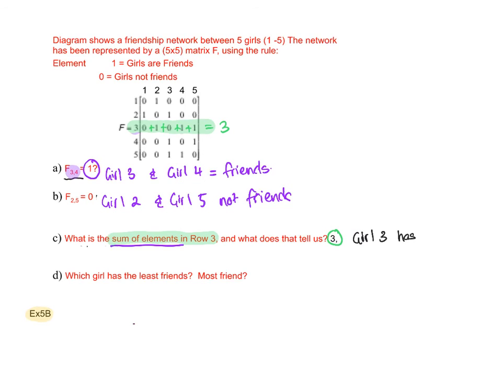Which girl has the least amount of friends? Girl 1. Good. Girl 1, least amount of friends. And who has the most? Girl 3, yep.